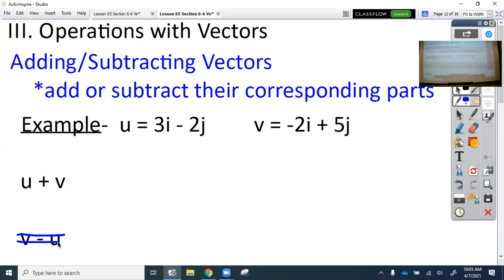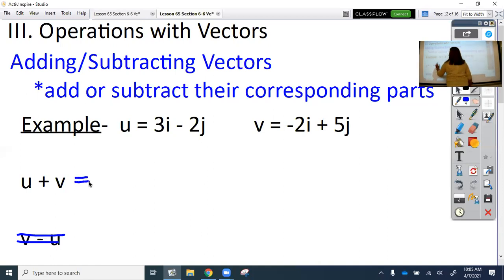All right, vector U is 3i minus 2j, and vector V is -2i plus 5j. So if I want to do U plus V, it's as simple as it looks.